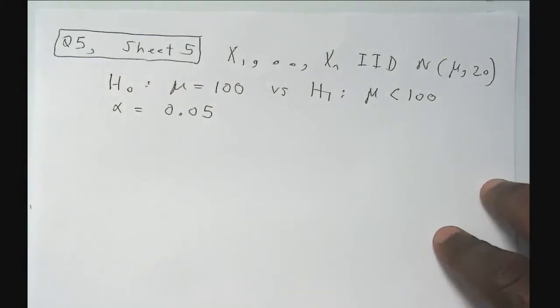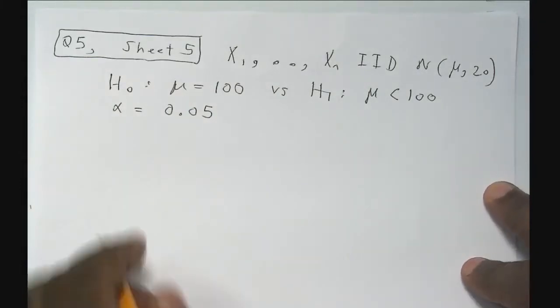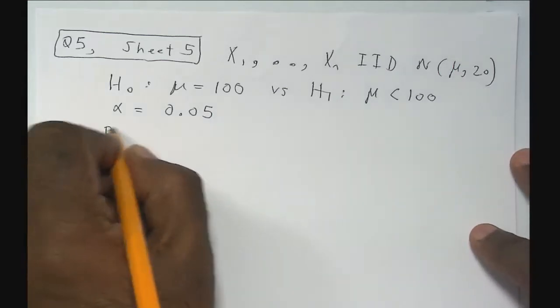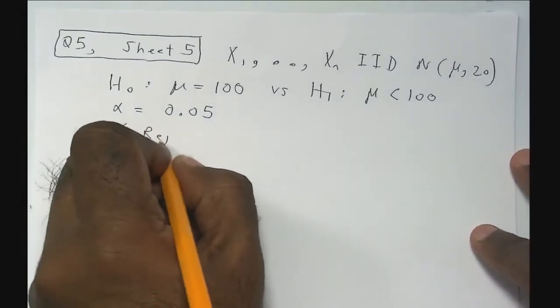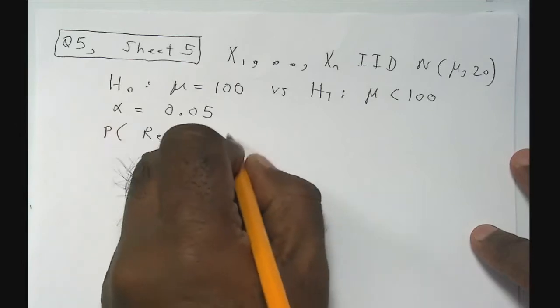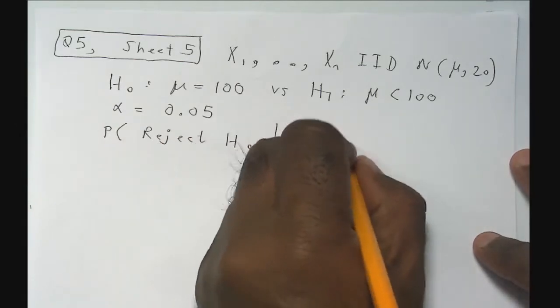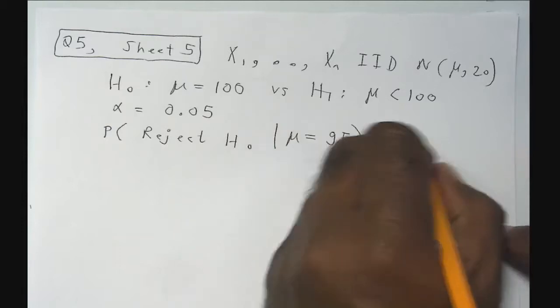Remember, alpha is the probability of type 1 error. And the question is, what is the value for n so that the probability of rejecting H0, given that the true value of mu is 95, is greater than 0.9.